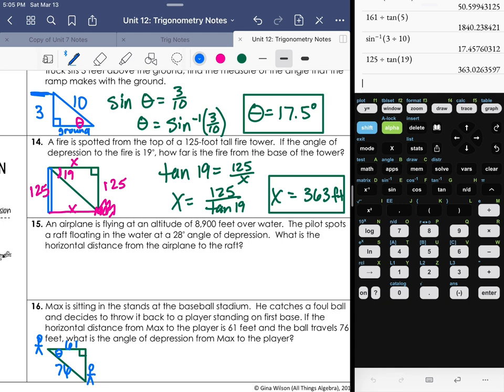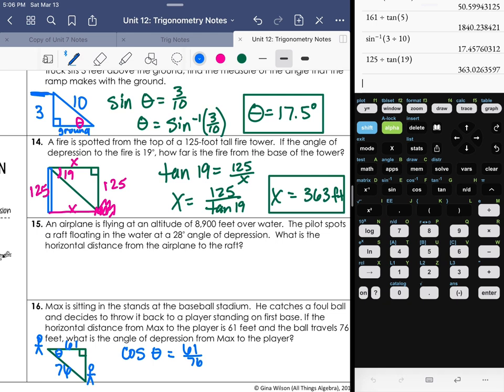So we have the adjacent angle and we have the hypotenuse. So adjacent and hypotenuse is cosine. So we're going to do cosine of theta equals adjacent over hypotenuse.